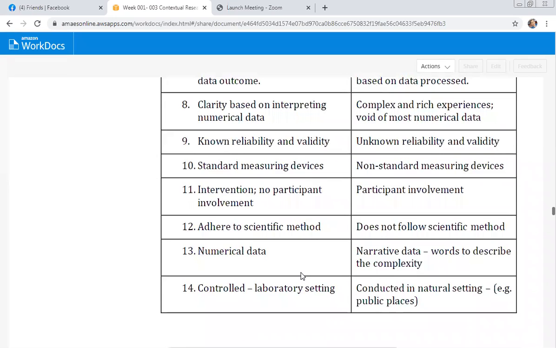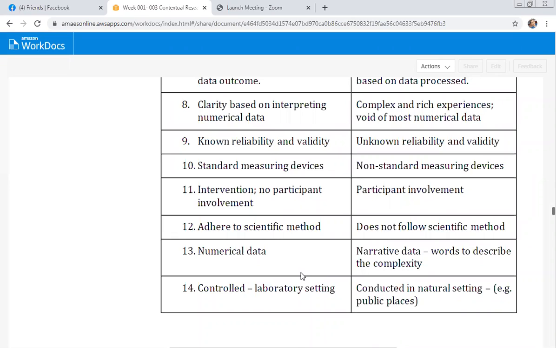So, when it comes to reliability and validity, quantitative research is known for its reliability and validity, unlike qualitative research, which is less known or least known for its reliability and validity. Okay.